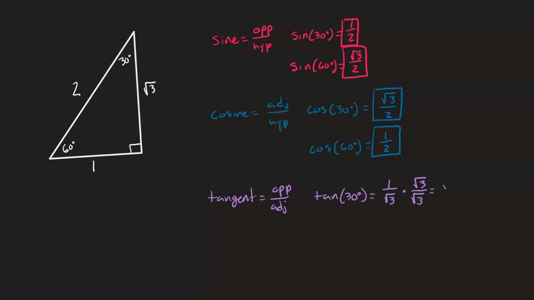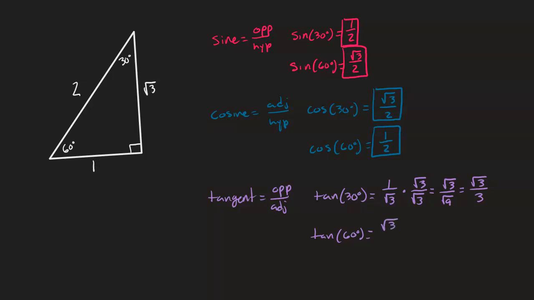1 times rad 3 is rad 3. Rad 3 times rad 3 is rad 9, but it's nice because 9 is a perfect square, so I'm left with rad 3 over 3. Let's go ahead and take tangent of 60 degrees. I'm going to take a look at my 60-degree angle, taking a look at my opposite, which is rad 3, over my adjacent.